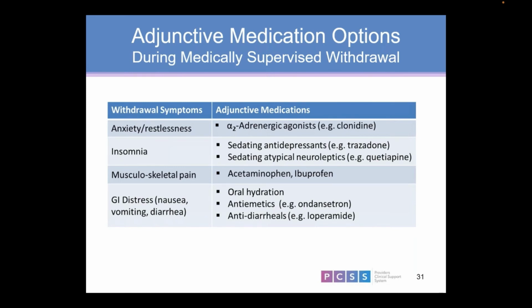For any musculoskeletal pain, it's typically helped significantly with ibuprofen, which is what I more frequently use. And if they are having GI distress, you can give them some hydration by just increasing their fluids, and then potentially Zofran to help with nausea, and loperamide for antidiarrheal effects.